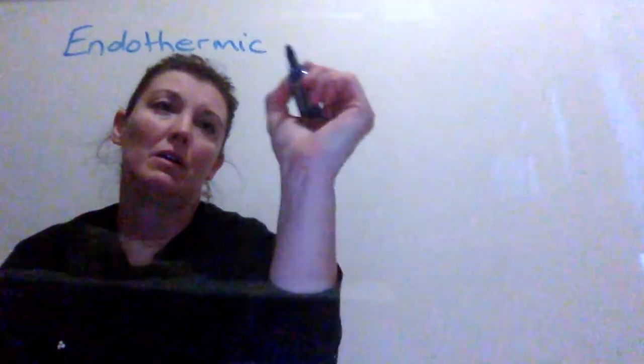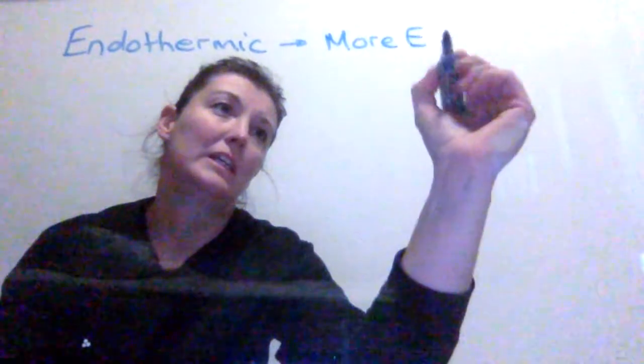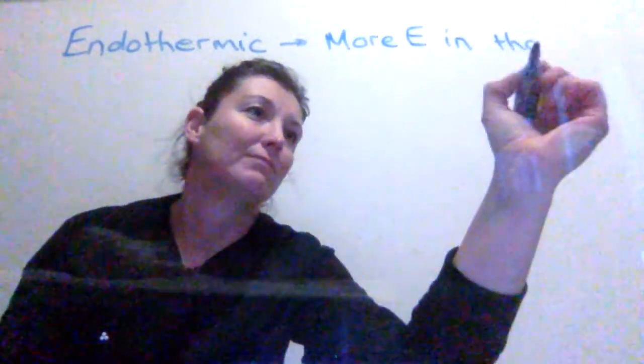Endothermic means it absorbs more energy than it releases. And exothermic means it absorbs a little bit of energy, but releases way more than it absorbed, and that's why it's called an exothermic reaction. So the two things that we need to know: endothermic, more energy in than out.